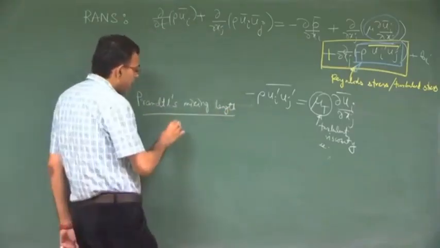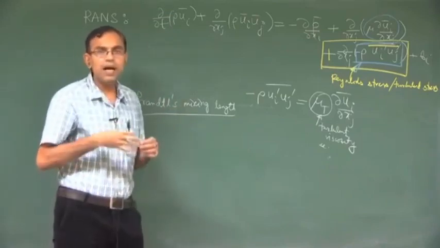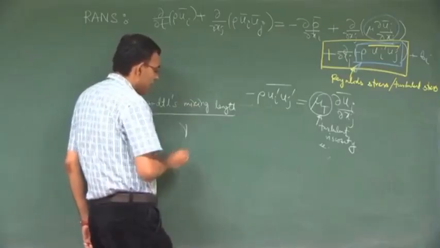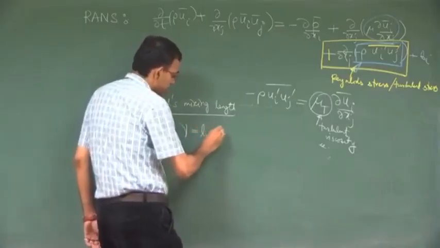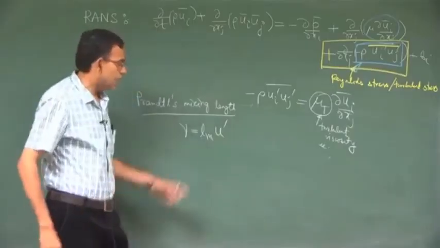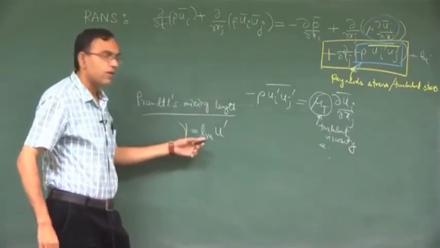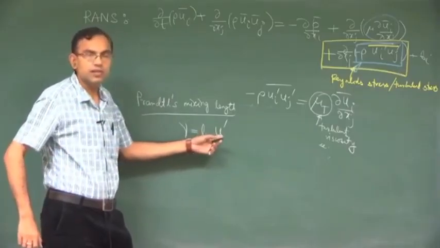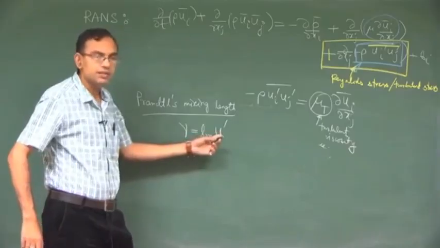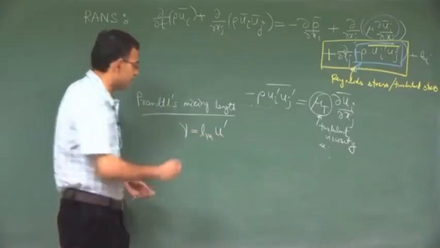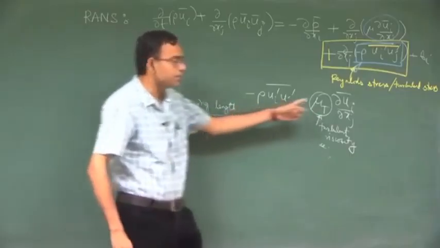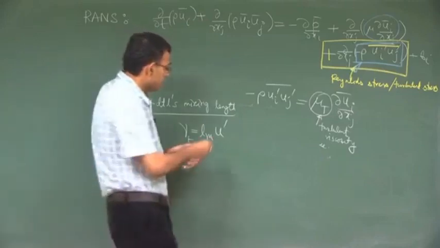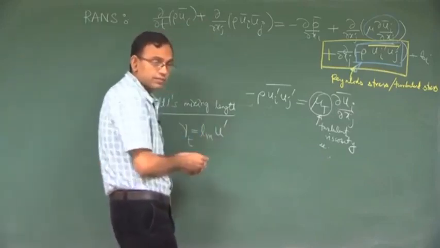Purely from dimensional arguments and by drawing analogy from the molecular theory, Prandtl proposed that the kinematic viscosity can be thought of as a product of a length scale over which there is turbulent mixing times the fluctuation component of the velocity. So this is meter, this is meter per second, product is meter square per second. So this is nu t, which is this mu t by rho. Problem is you neither know this nor you know this.